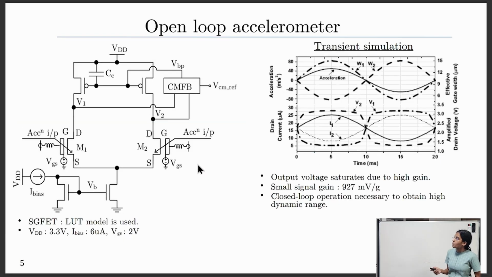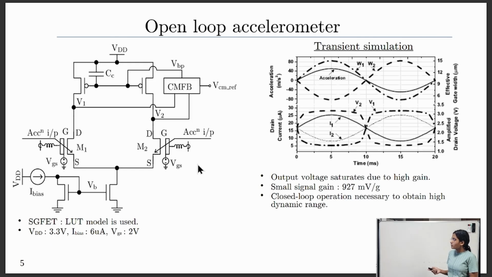This is the open loop, the first stage of our system, which interfaces the suspended gate transistors, and here are the simulated results. Here we can see the drain voltage is saturating due to high gain. The simulated results show input acceleration, effective gate width, drain current, and output voltages V1, V2 of this first stage.